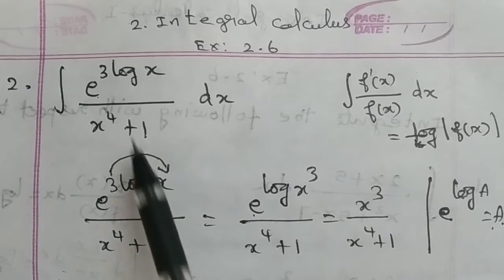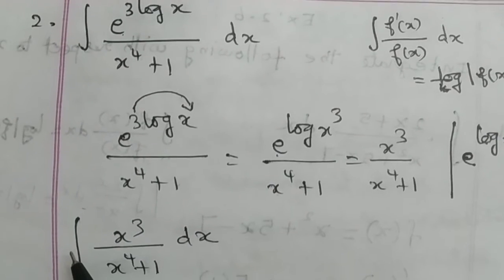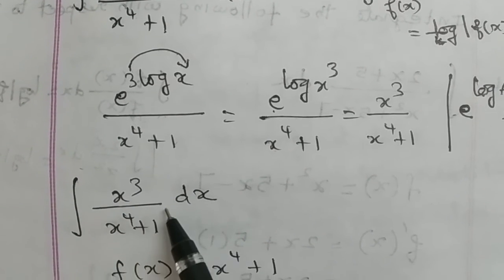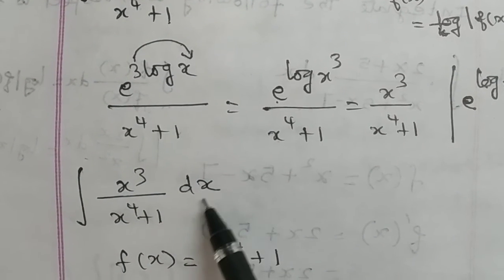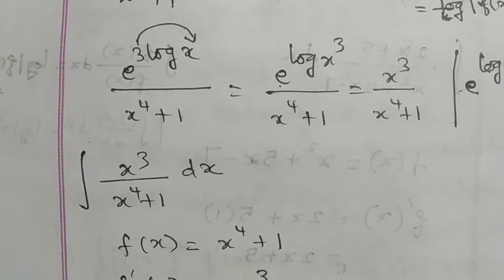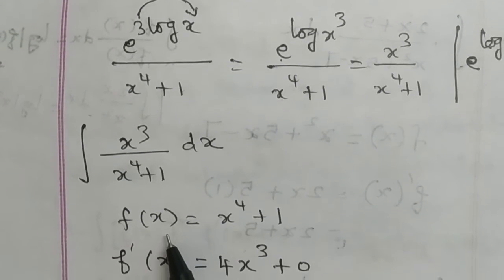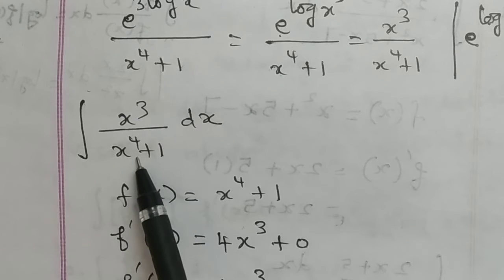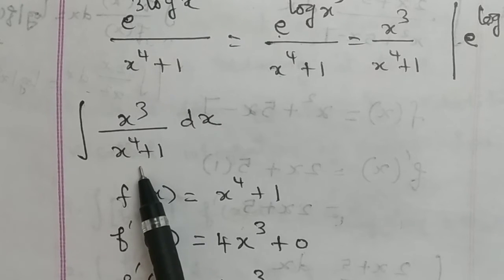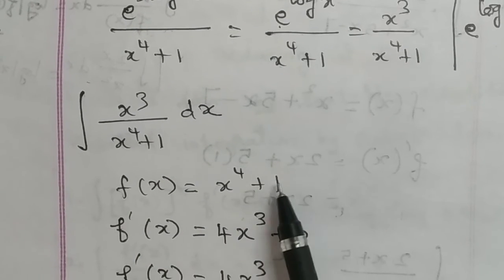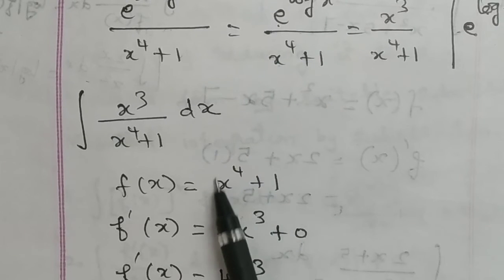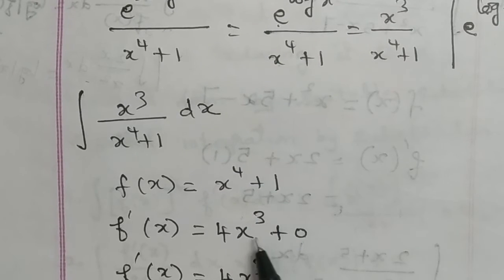Now substitute the values: integral of x cube divided by x power 4 plus 1 into dx. So f of x equals what, in the denominator? F of x equals x power 4 plus 1. What is the derivative of x power 4? 4x cube.